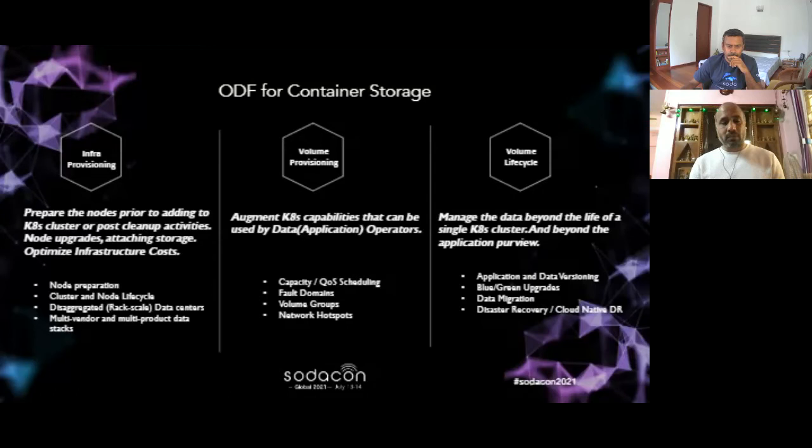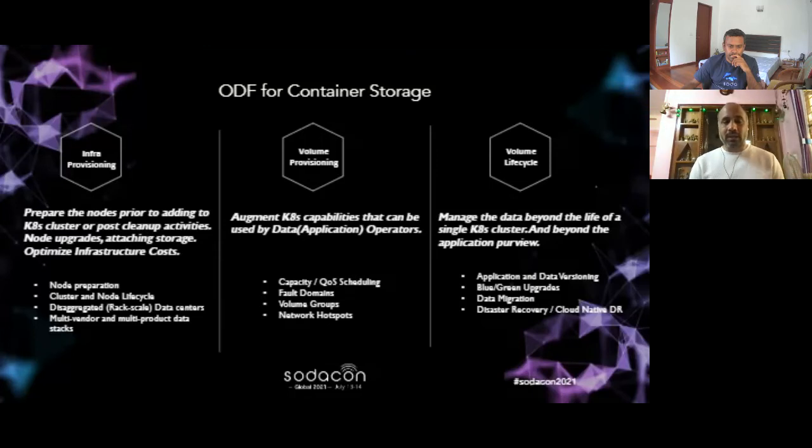So in terms of infra provisioning, there is a trend of containers using smaller volumes, which helps even on-premise customers build a rack-scale data center pattern, which typically clouds used to build. Now that can be done by other enterprise customers on-premise as well.